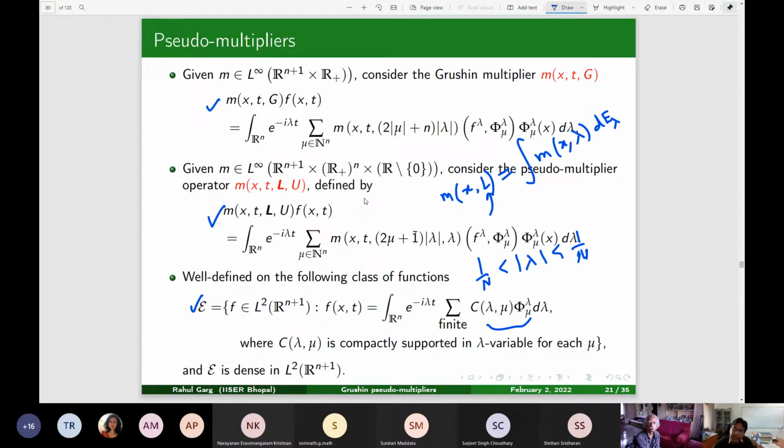The point is that this was a very formal way of writing, and it may not make sense for an arbitrarily taken operator. So if we are working with a special class of operator, we must know whether it is defined at least densely or not.